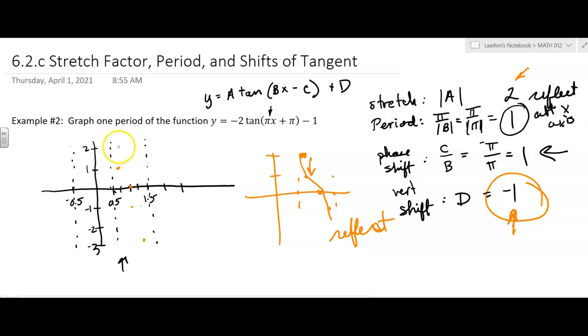All right, so we get a curve like this. Does it look stretched? It looks stretched. Is it shifted down 1? It's shifted down 1. It's reflected about the x-axis. And the period changed. Did it really shift?